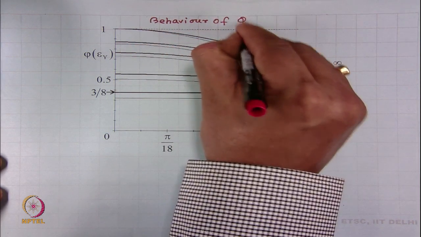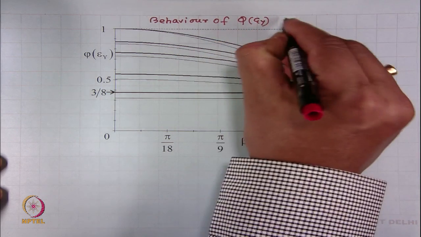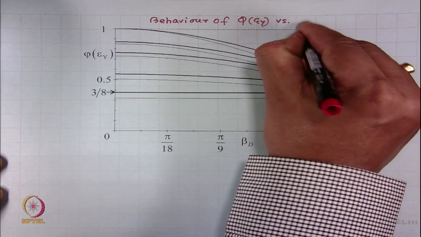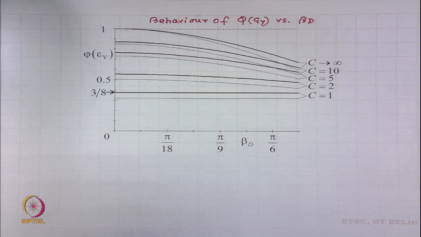Behavior of utilization coefficient with beta d for partial generalization of helical model.